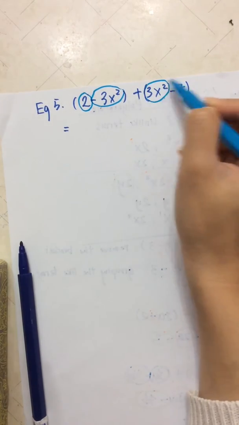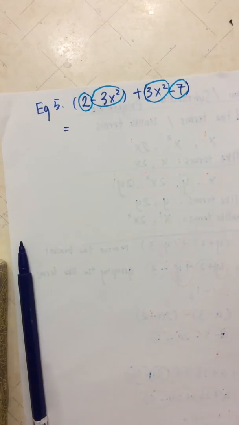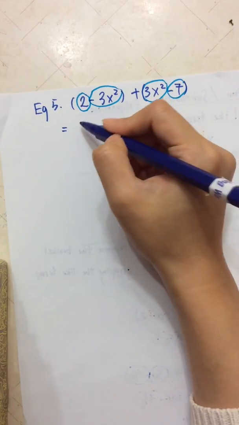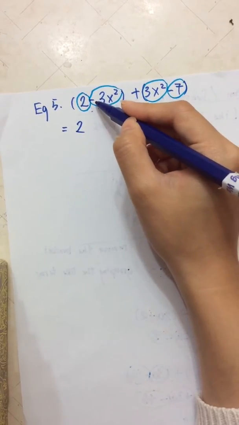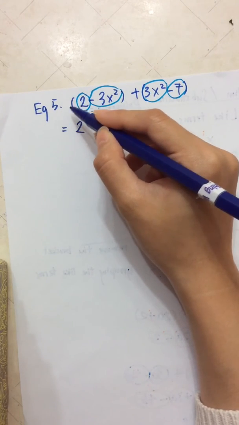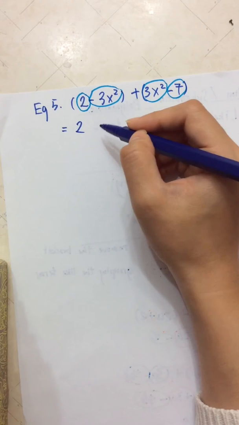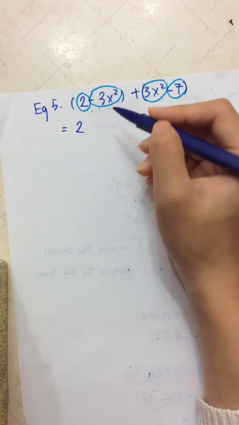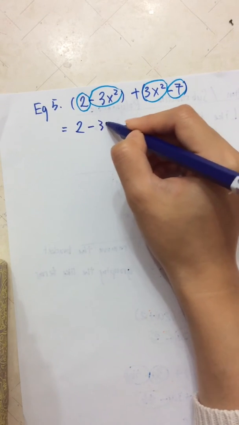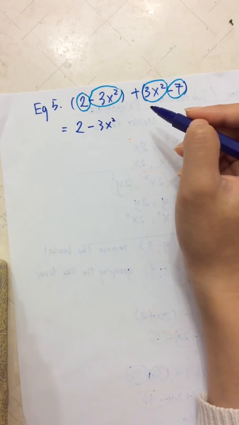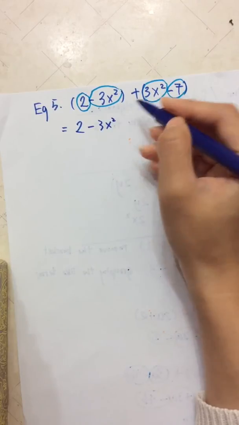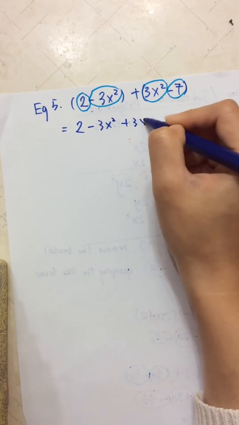Just circle it first. 2, there is no other symbol here, so you just copy 2 here. And then here, negative 3x to the power 2. Also, there is no symbol in front of this, so no need for consideration. So we just copy 3x to the power 2, and then from here plus 3x to the power 2. You can also just copy it here.